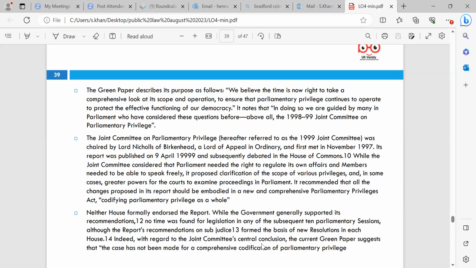It recommended that all the changes proposed in its report should be embodied in a new and comprehensive Parliamentary Privileges Act, codifying parliamentary privilege as a whole. Neither House formally endorsed the report.